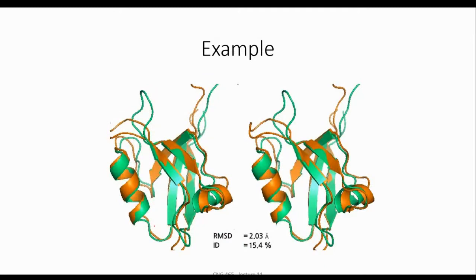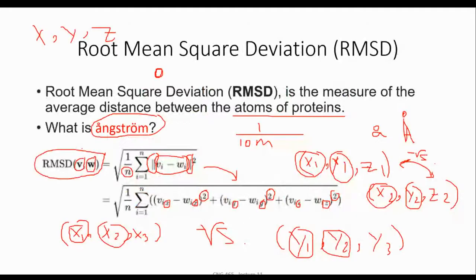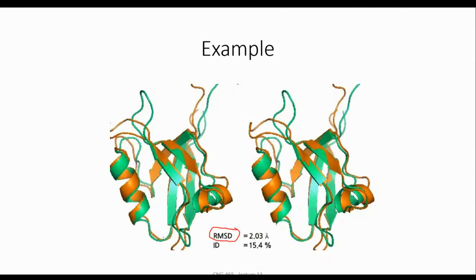Now, when we are comparing the structure of two proteins together, you can find RMSD, so that at the end you will find just a positive number for this parameter, and also you can compare them using the primary structure and find the similarity in terms of percentage.